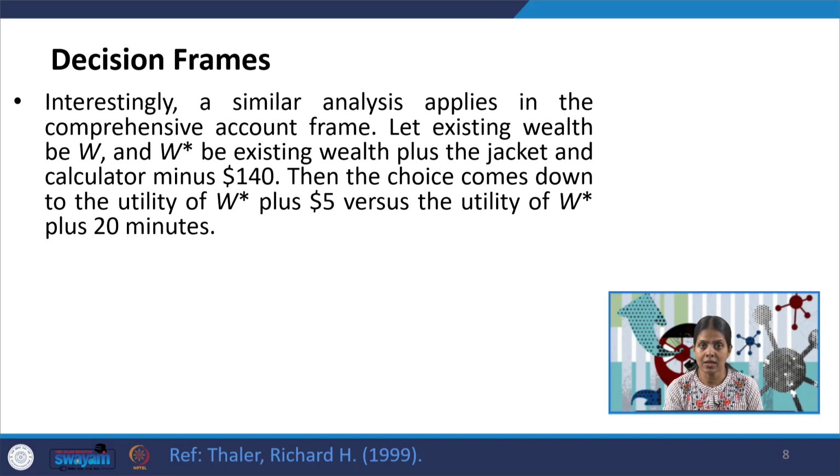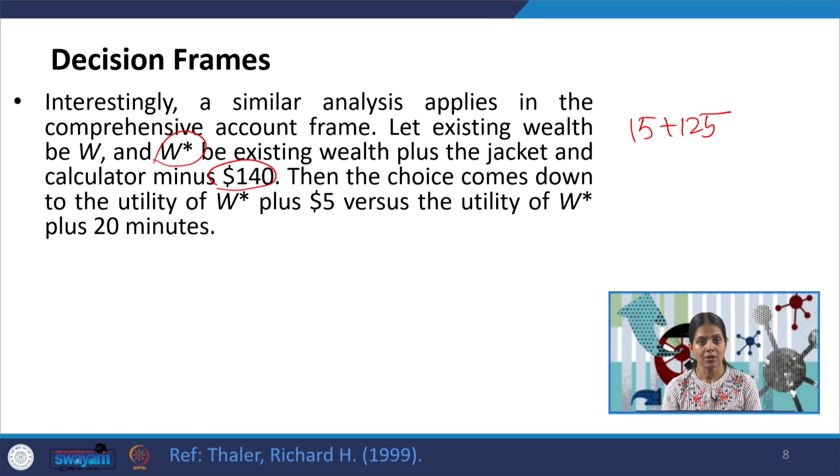Interestingly, a similar analysis applies in the comprehensive account frame. Let existing wealth be W and W star be existing wealth plus the jacket and calculator minus 140, in the sense that this is 15 plus 125. Now, W star is the existing wealth plus the jacket and calculator.